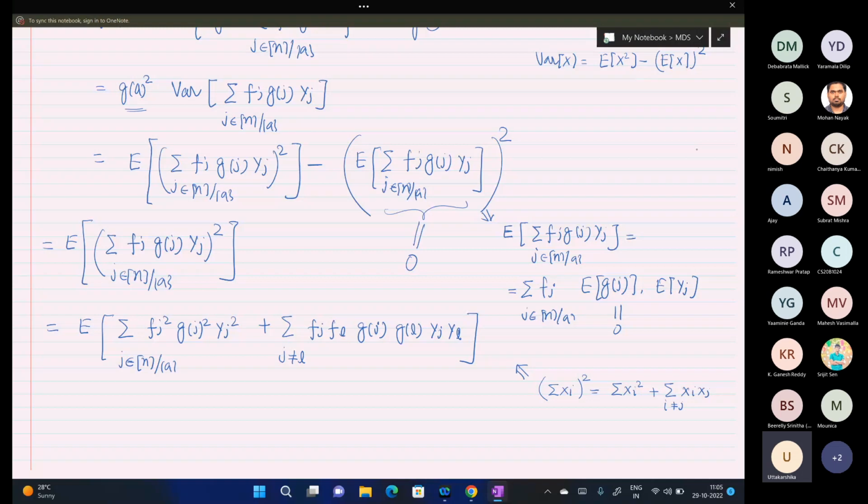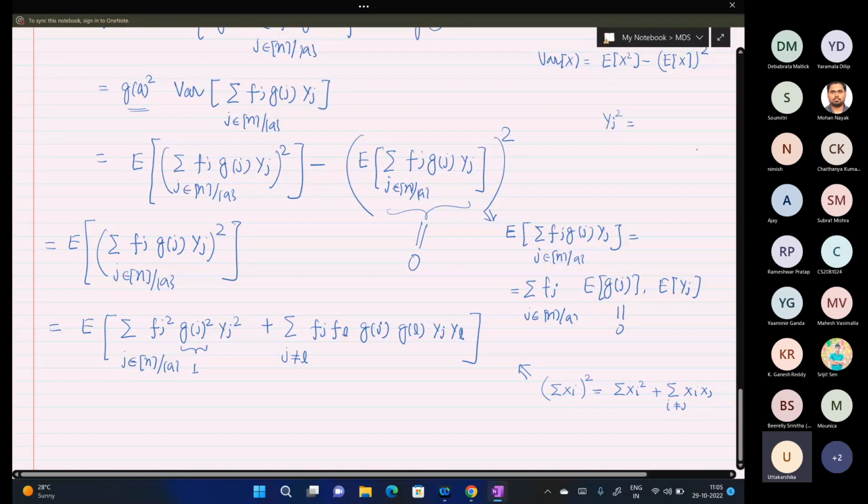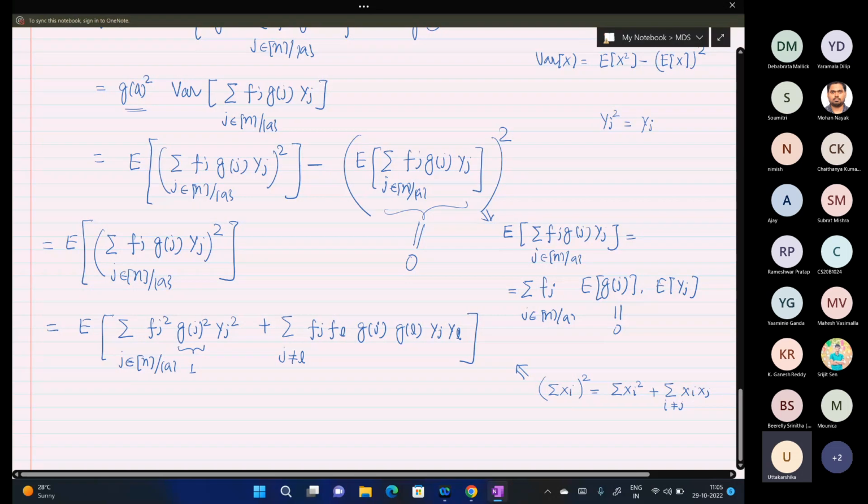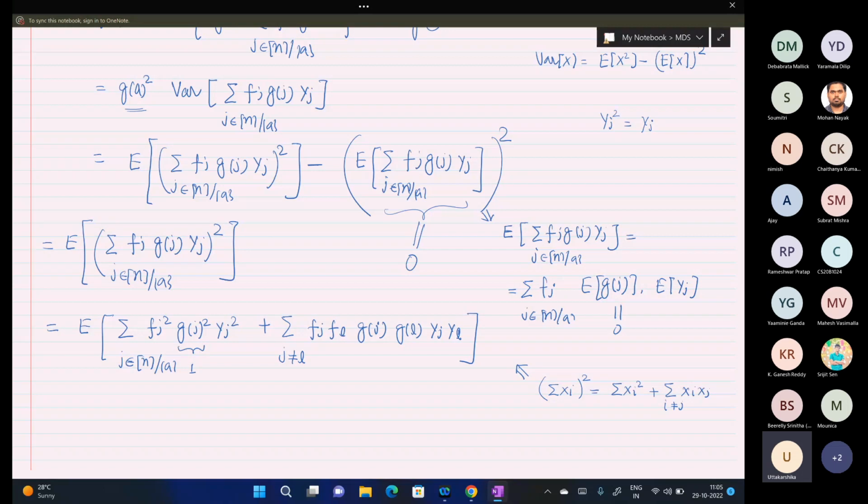Again, this value is 1, right? Gj square is 1, and what is this Yj square? Yj is an indicator random variable, so it takes value 1 or 0, right? So Yj square will be Yj only. If we take the square of 0, it is 0. If we take the square of 1, it is 1. So Yj square is Yj. And then we'll apply the linearity of expectation. So this term will be 1, and this will be Yj.